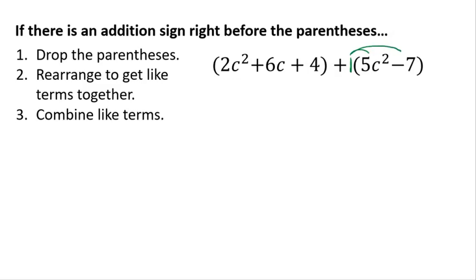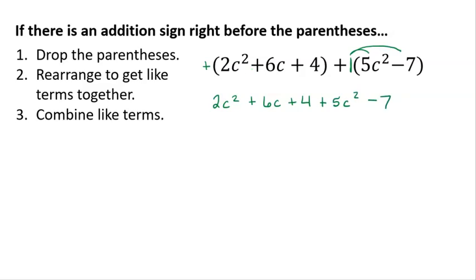So when you see an addition sign, and remember there's an imaginary plus sign out here as well, we can drop those parentheses, and so we have 2c squared plus 6c plus 4. Then we just drop our second set of parentheses, so that 5c squared is going to remain positive, and that 7 is going to remain negative.